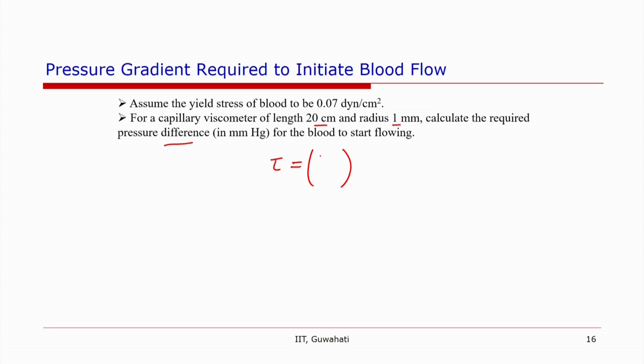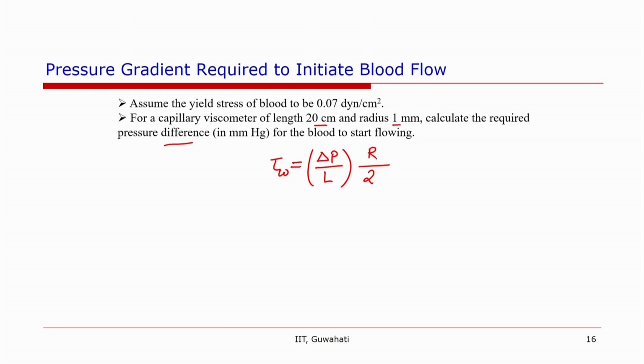So we can write, let us say this as delta P, which is the pressure difference, and L, R by 2. So if we take the shear stress on the wall, because that is when the fluid will start flowing, in this case R will be equal to the capital R of the channel.